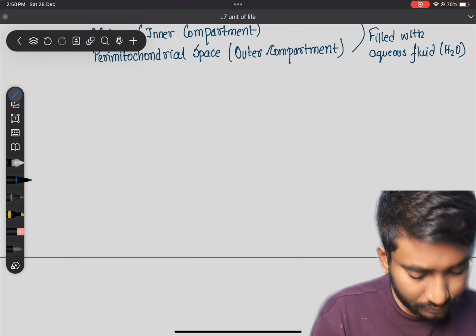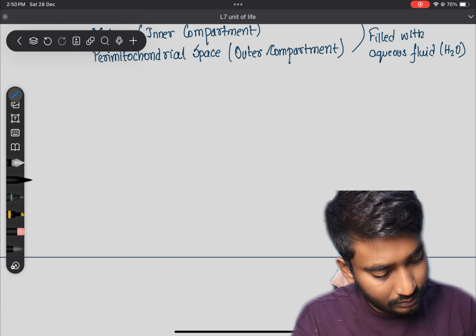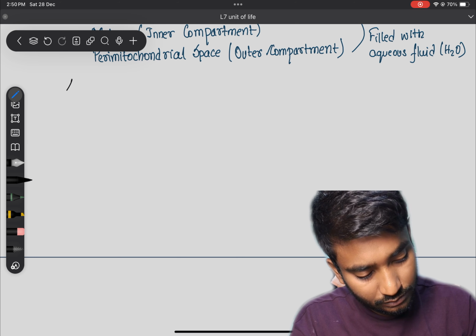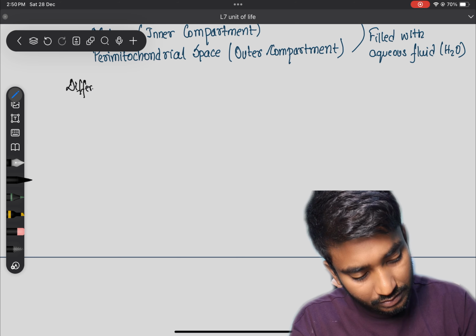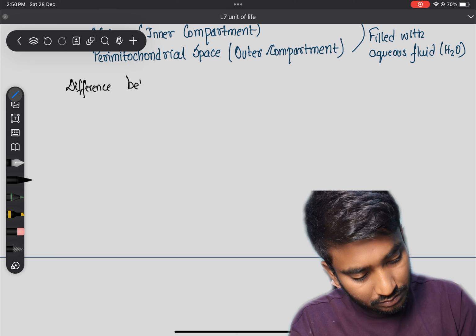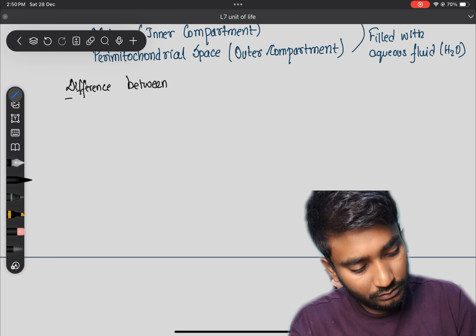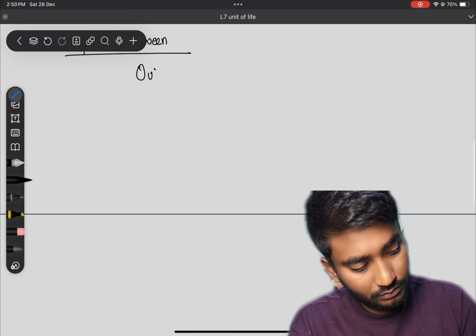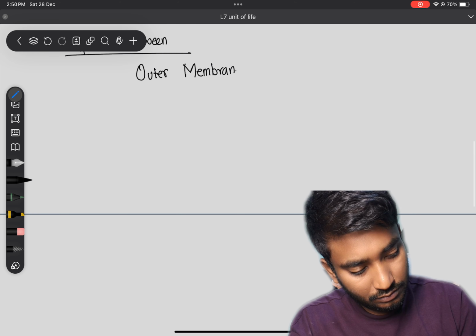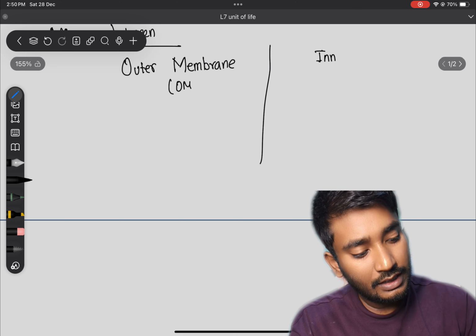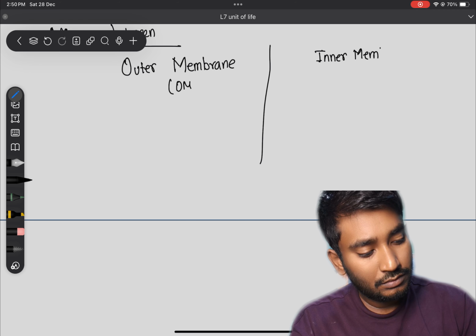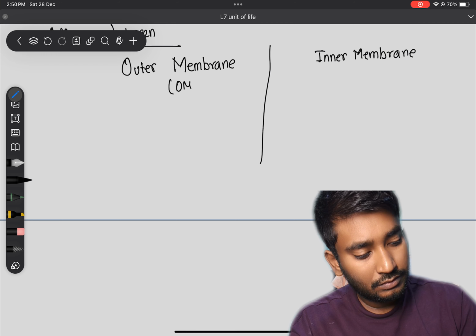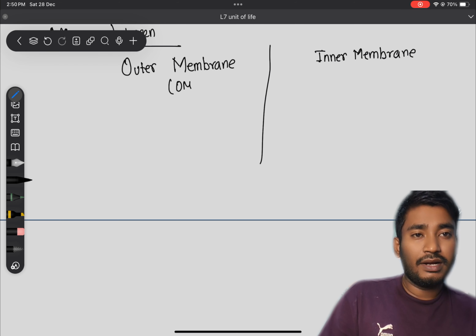Okay, so now we differentiate between the outer membrane and the inner membrane.